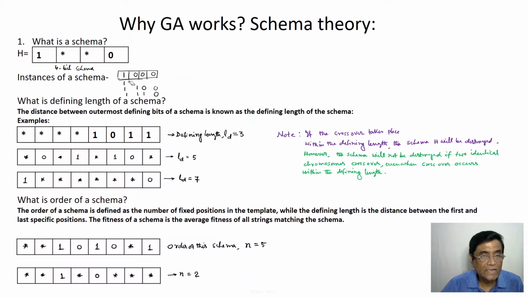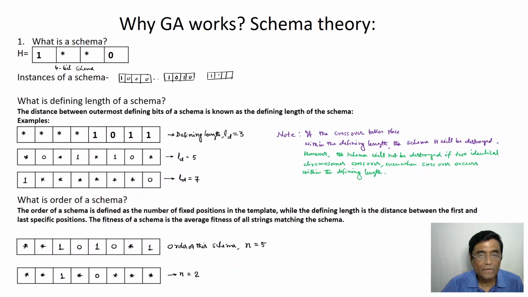Okay, so you understand, right? What are the instances of the schema? Maybe I will write it out. So 1, it could be 0, 0, 0. This is one instance. Then another one, 0, 0, 0, 1, 0. Another one. These are called instances of a schema, right?